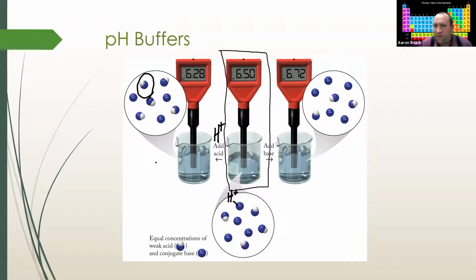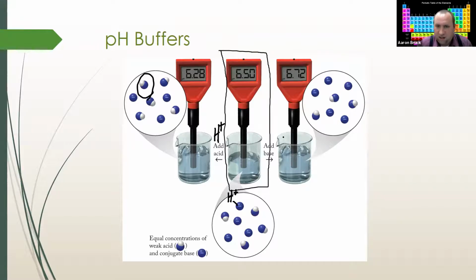As a result of that conversion, we see that the pH did get more acidic, but only slightly. If this was pure water, we would see a much more drastic change in the pH, because there would be nothing for the hydrogen to hold on to other than water molecules, and the water molecules form hydronium, which drops the pH.